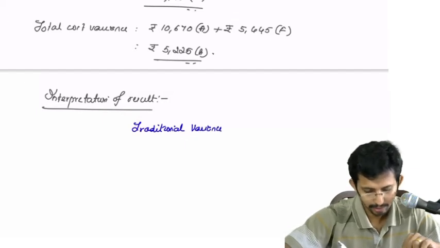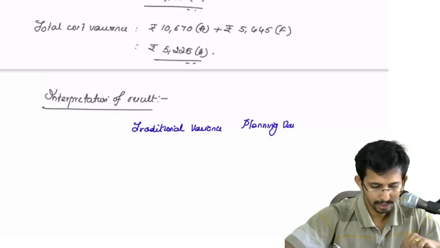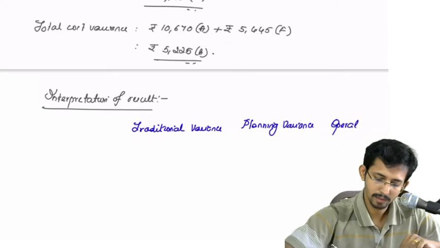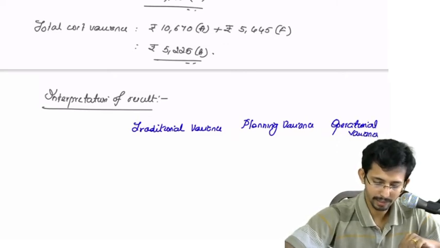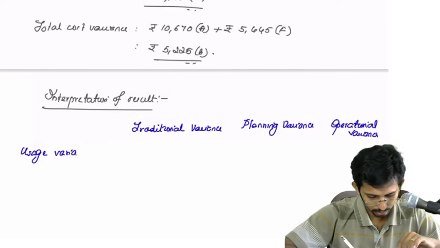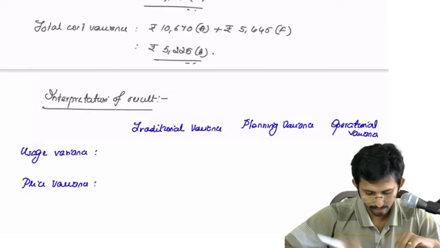Traditional variance, planning variance and operational variance. Here usage variance, price variance.